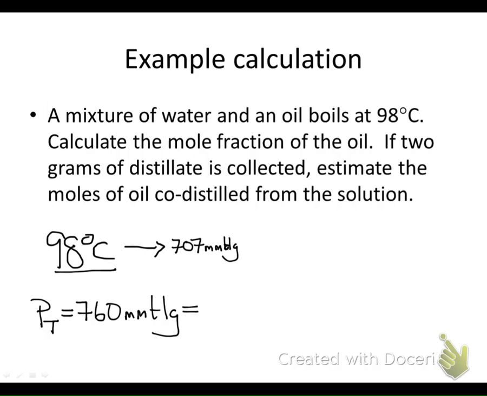Well, this is going to be the pressure of the oil plus the pressure of the water. So that'll be the 707. From this, you could calculate the pressure of the oil, so the pressure of the oil is 53 millimeters of mercury.